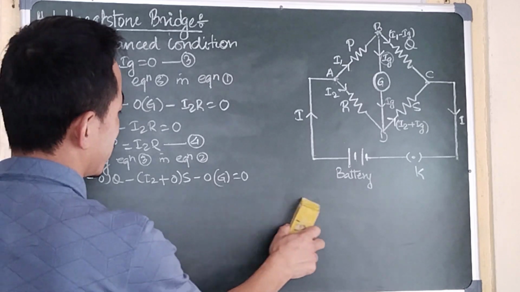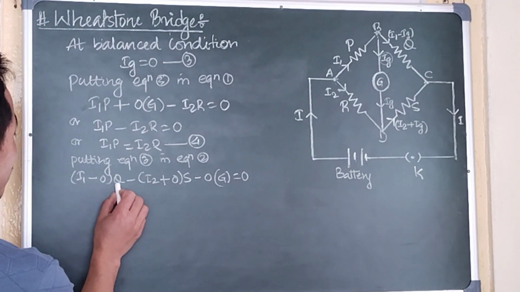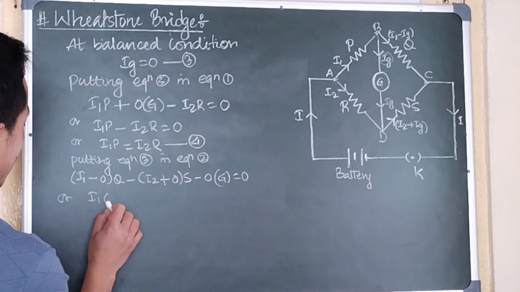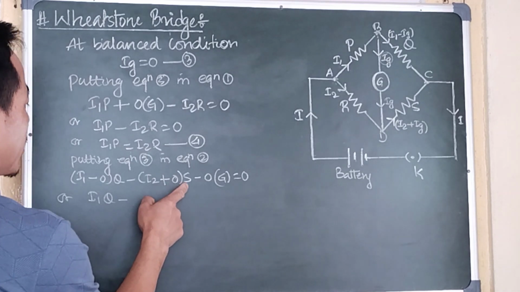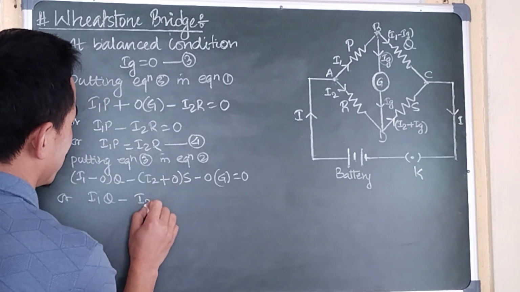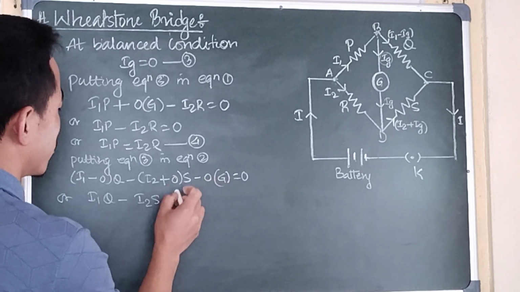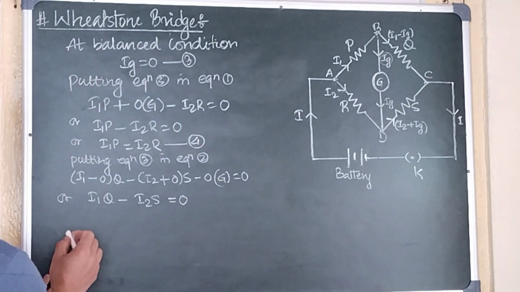So let's arrange this equation further. Here I1 minus 0 gives you I1 times Q, which is I1Q. Similarly, I2 plus 0 gives you I2 times S, which is I2S. And the term 0 into G becomes 0, so no need to write it, equals 0.